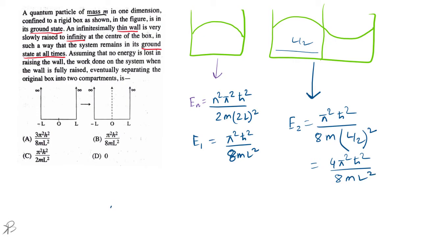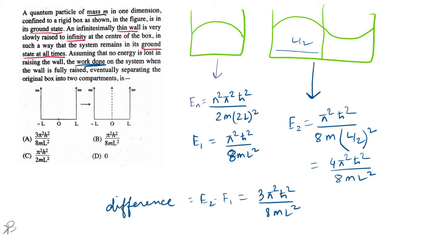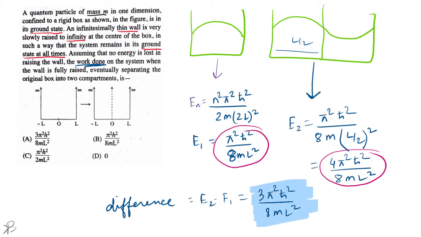Therefore the difference, which is basically the work done, is given by E2 minus E1, and it is equal to 3 pi squared h cut squared by 2 m L squared, which is nothing but the difference between this energy and this energy. So this is the answer to this problem. The correct answer is option A.